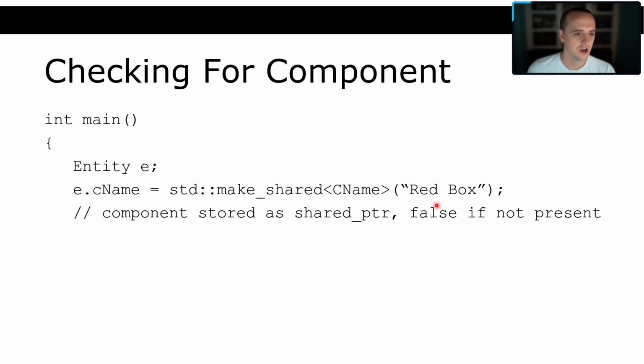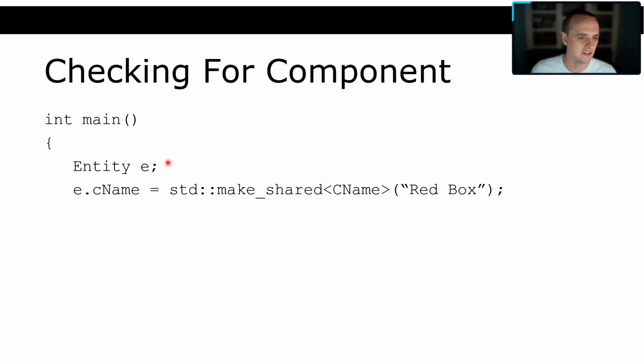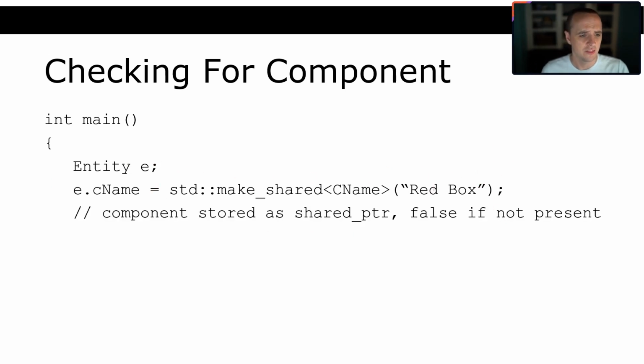All right, so if we want to check to see if an entity has a component, how do we do that? Well, let's set up an entity. So it's just a basic entity, and we're going to set up the name variable, so the name component of the entity. So we've given it one, right? That component, the CName component, is stored as a shared pointer. And so by default, it's a null pointer, or 0, and in C++, 0 means false.